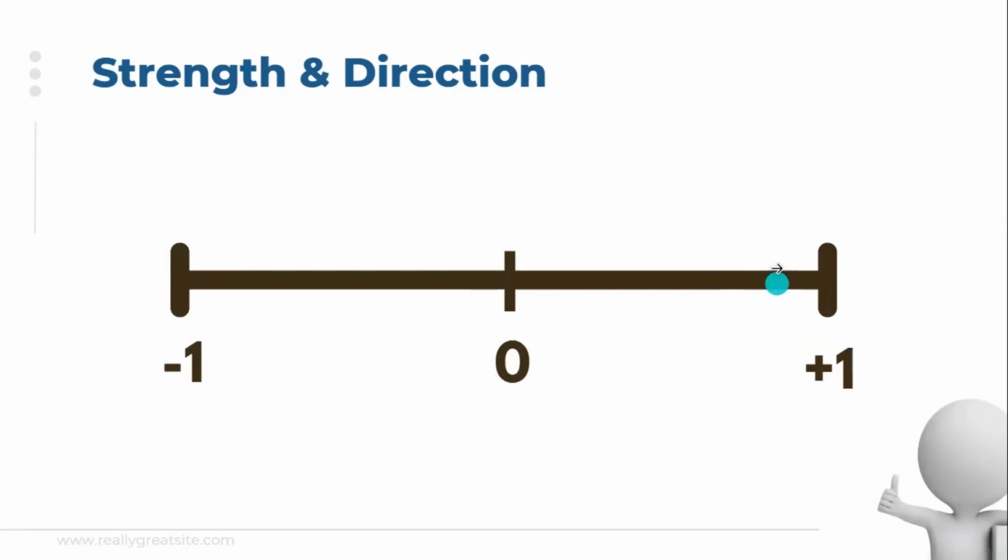So that is a strong relationship, okay? If you get a correlation coefficient of 0.1 or 0.05, it means it is around here. That is a weak relationship. So if the value that you are getting is closer to 0, then the relationship is weak.